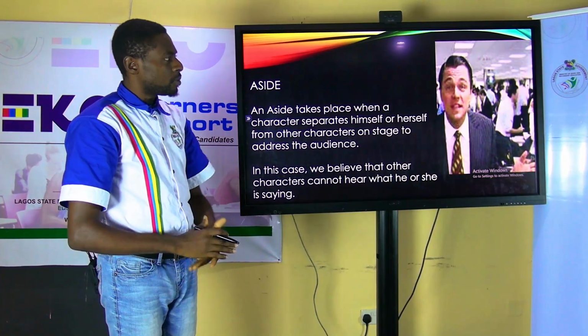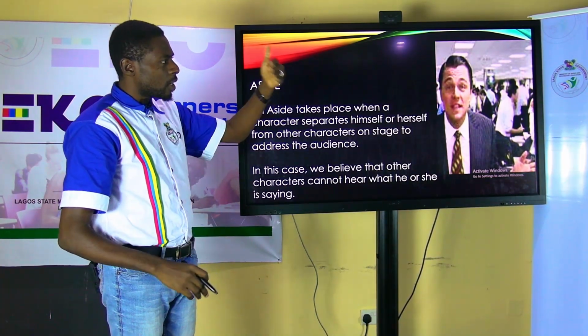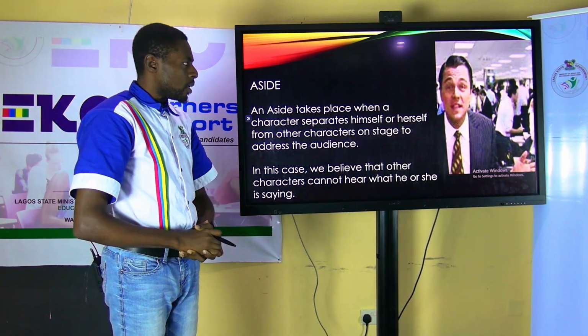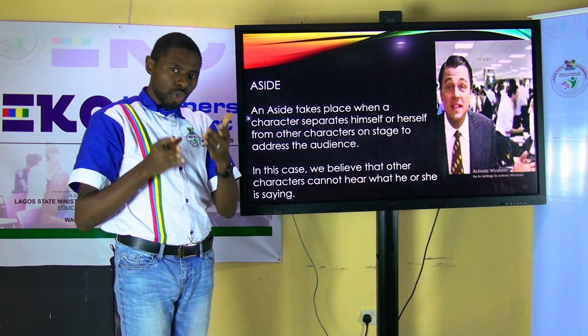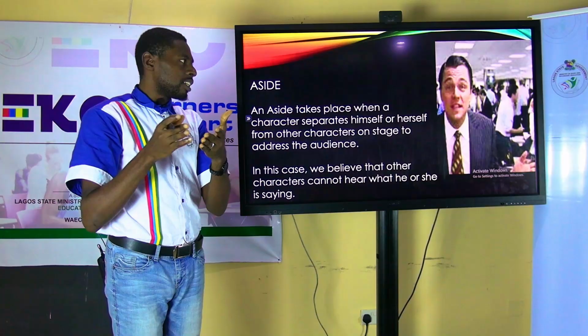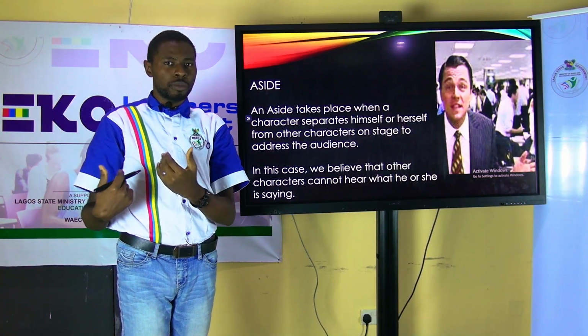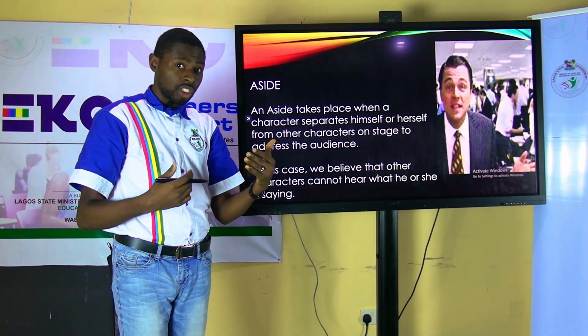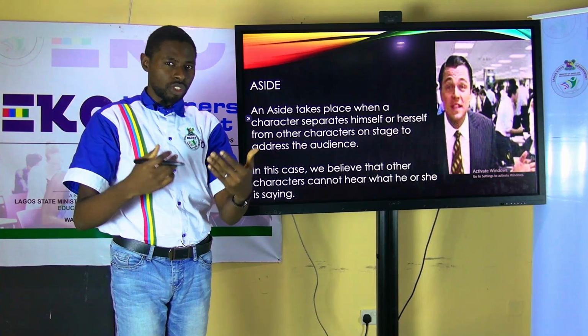Look at the picture on the board. You discover that there are other people behind this man, but this man is looking straight at the audience. That tells you that he has separated himself from other characters on stage and now is addressing the audience.